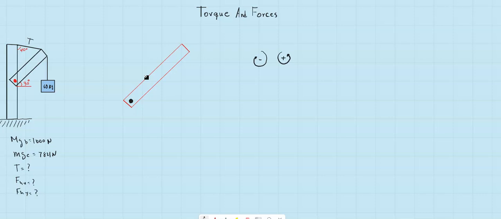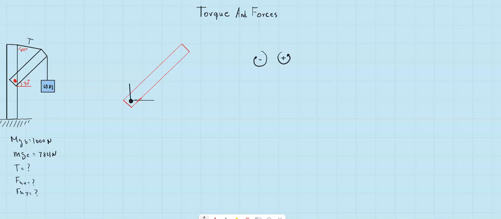They want us to find the tension, the force Hx, and the force Hy. First, we need to identify our forces and our torque. This is our pivot point right here, and we have our x direction and our y component.